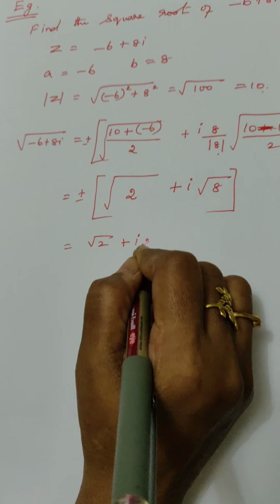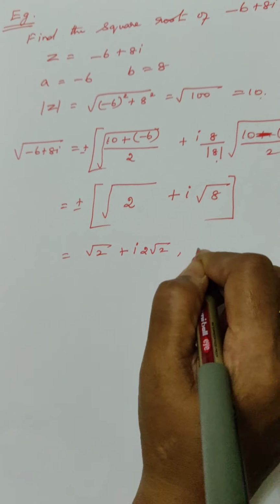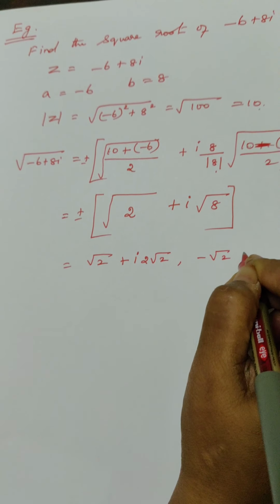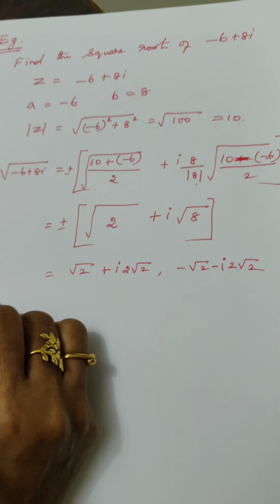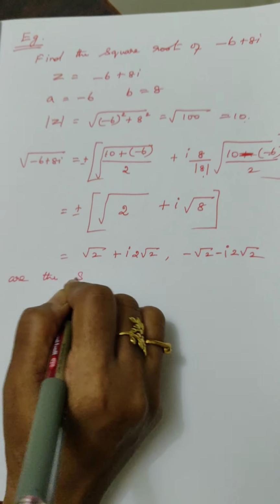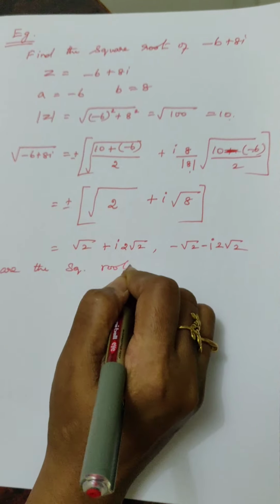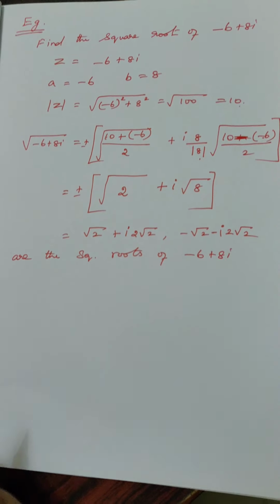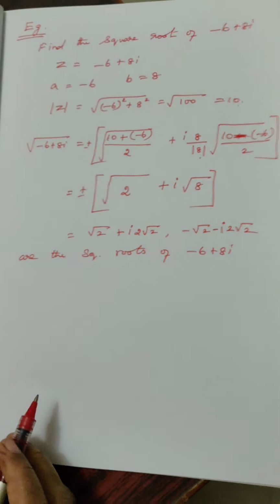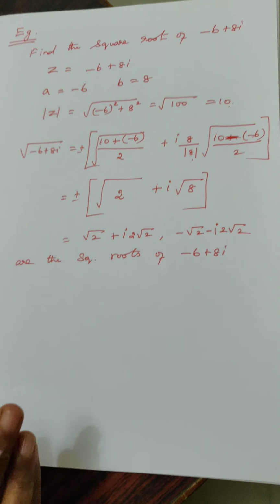Root 8 can be written as 2 root 2. Comma, minus root 2 plus, minus i into 2 root 2 are the square roots of what? Minus 6 plus 8i. Clear now? I will give you some more problems using this concept.